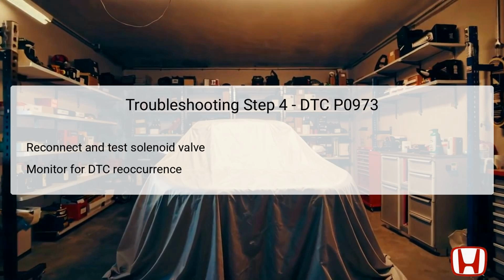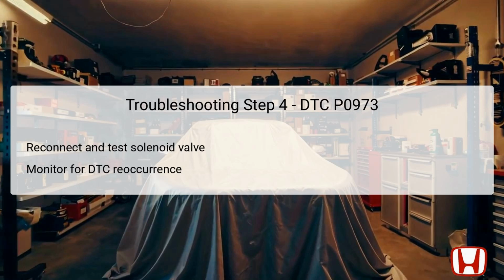Once this is done, switch the ignition back to the on position and proceed to clear the DTC using the HDS. After clearing, start the engine in park, P, and wait for a second to allow the monitoring systems to activate. Finally, check the HDS again for any pending or confirmed DTCs. If DTC P0973 remains undetected, it confirms that the shift solenoid valve is operating correctly, allowing you to move forward to the next step.